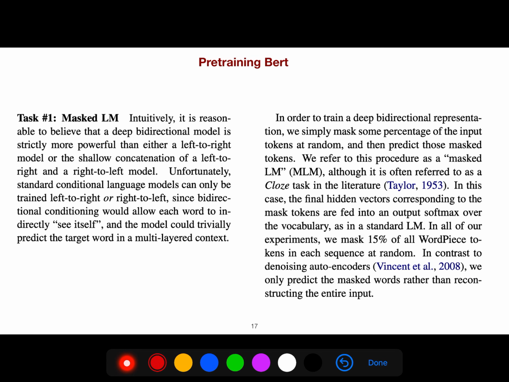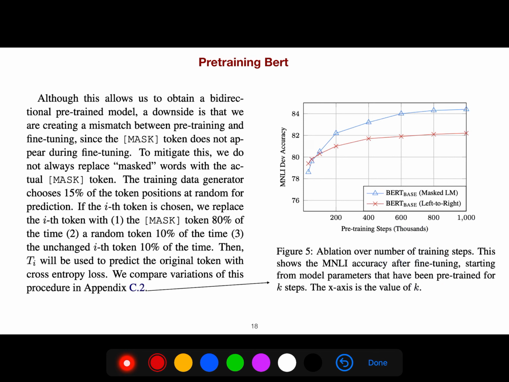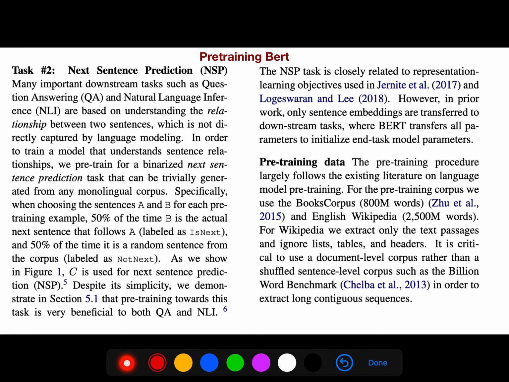In pre-training BERT, if you're using BERT base from left to right, because you can use it different ways, you see the accuracy is less than when you're using the masked language model. So you see this masked language model, the upper one, has higher accuracy.